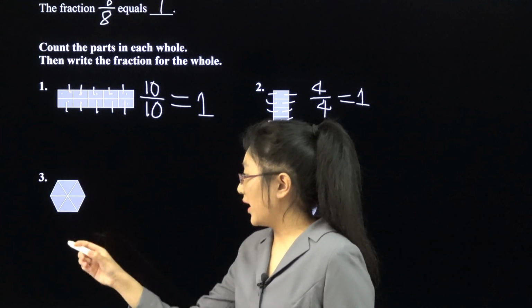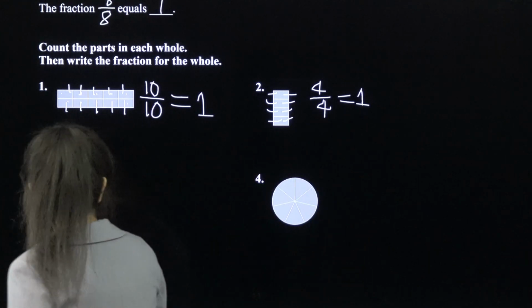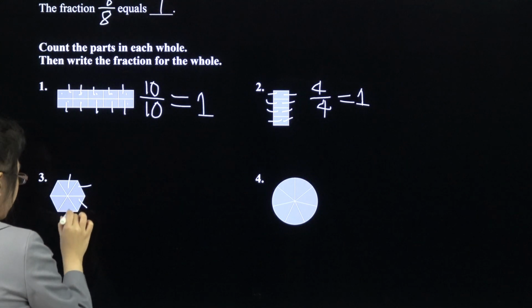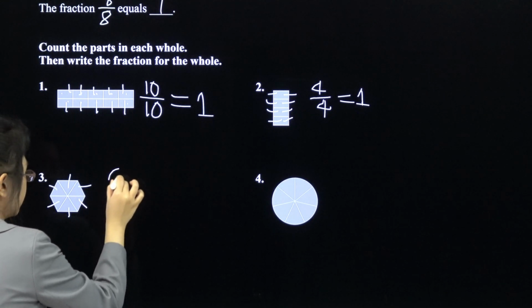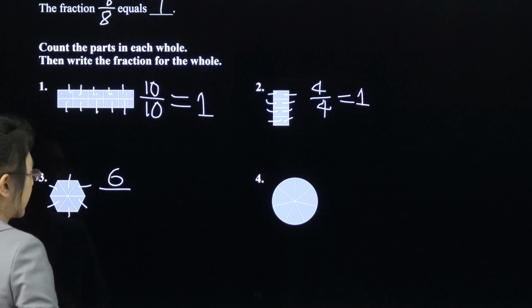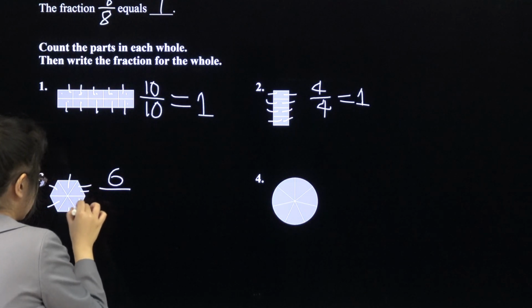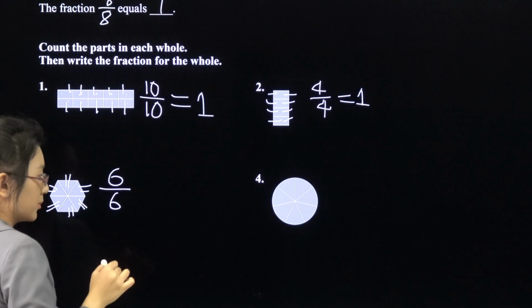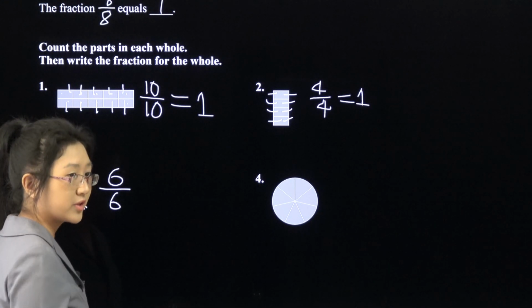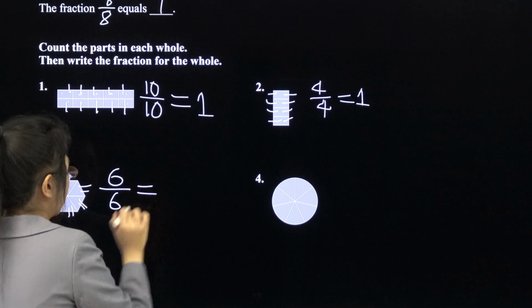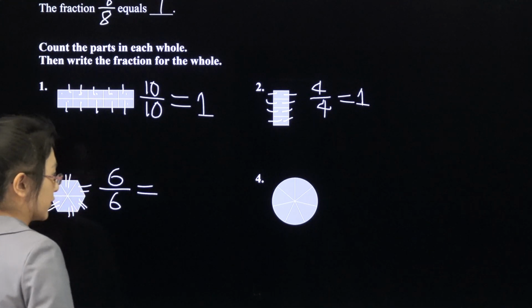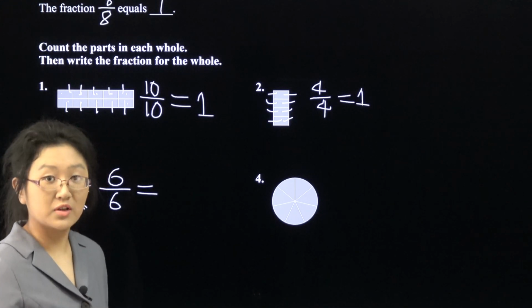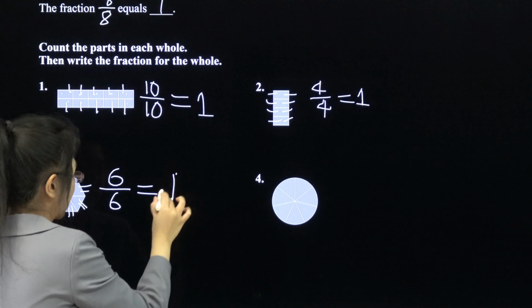Here, there's a hexagon divided into 6 shaded parts, and there's 6 total parts. 6 shaded parts over 6 total parts. The top number and bottom number, which is the numerator and denominator, are the same, which means that this fraction is equal to 1.